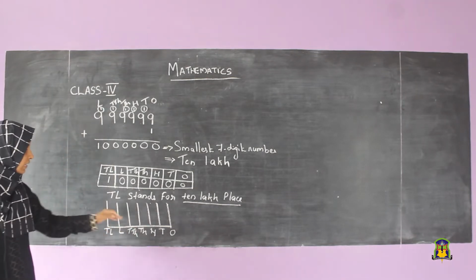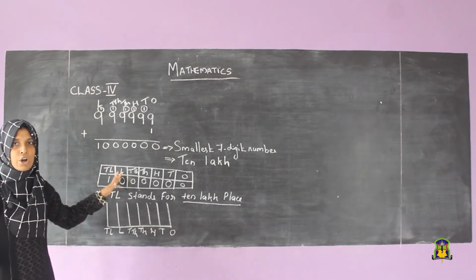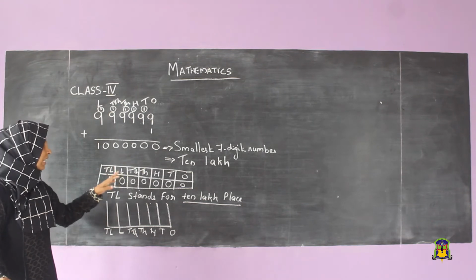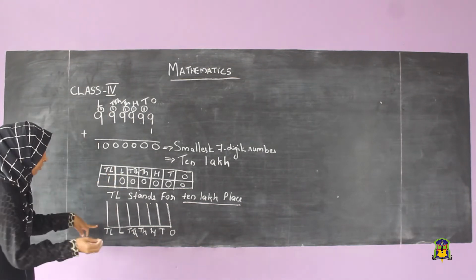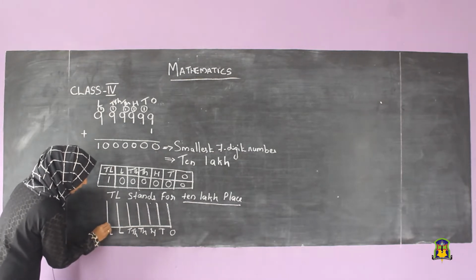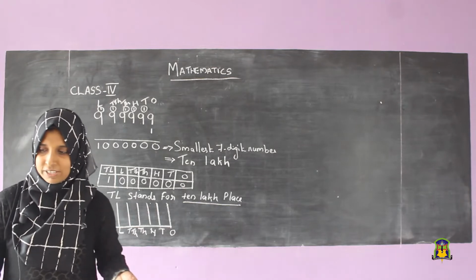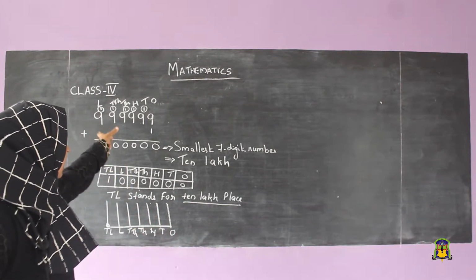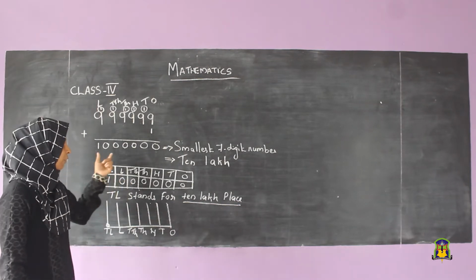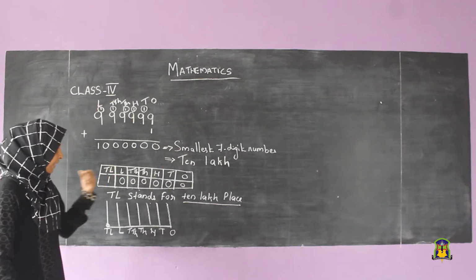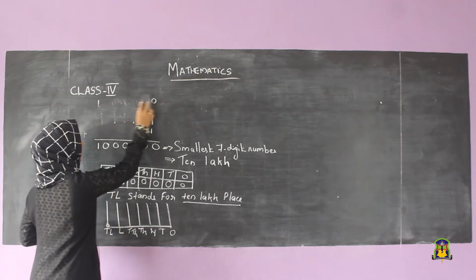Okay, here up to lakh place 0 is the digit, so no beads are there, and in the 10 lakh place 1. So only 1 bead in the 10 lakh place. Okay, so here we saw the smallest 7-digit number, how it reads, and its place value chart and also abacus representation.